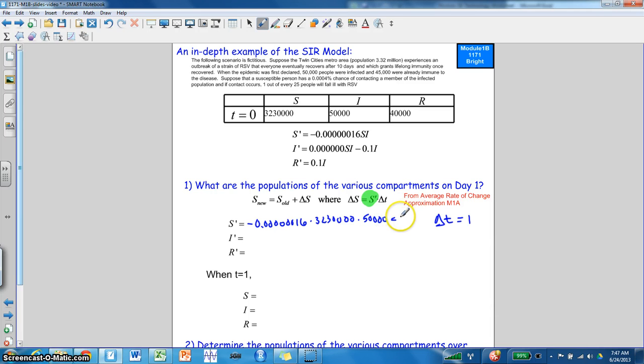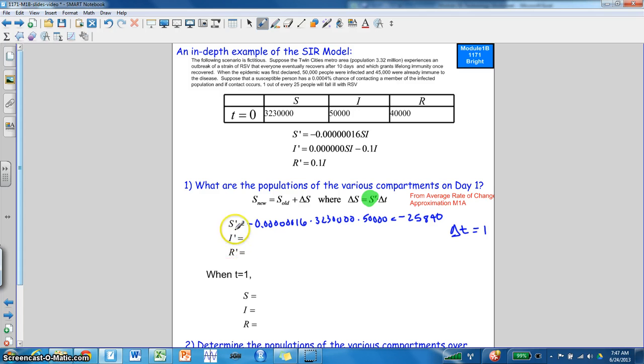If you do the calculation, you get minus 25,840. So the rate of change in the susceptible population is decreasing, negative, at 25,840 people on day 0.